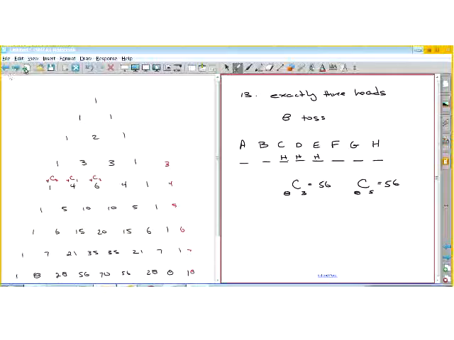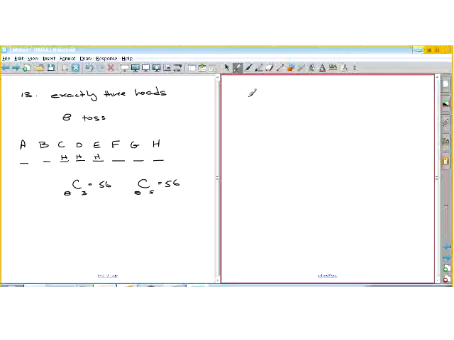So let's just do one more in this group. Let's say 16. These are all exactly 6 heads, which is the same as 2 tails. And so in terms of combinations, you'd have, again, 8 slots, and you'd have 6.